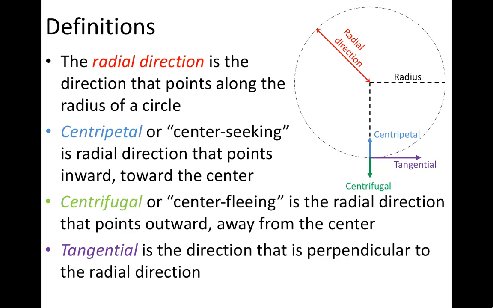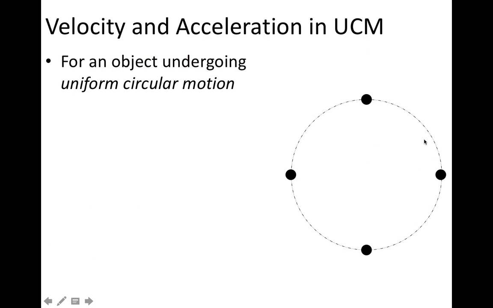The other direction, besides the radial, is the tangential direction, and the tangential direction is always perpendicular to the radial direction. And we always have a 90-degree angle between the radial direction and the tangential direction. If an object is undergoing uniform circular motion, its velocity is always tangential to the circle.